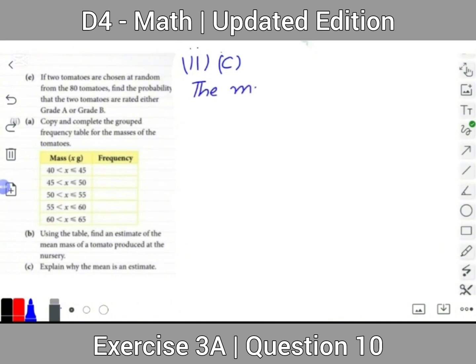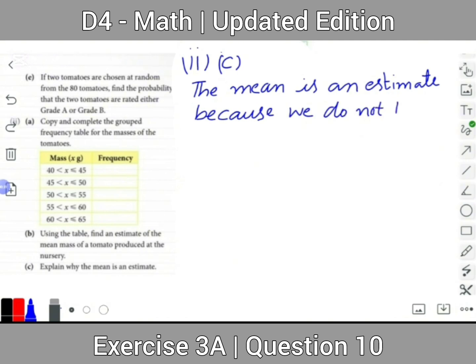Part 2c. Explain why the mean is an estimate. The mean is an estimate because we do not know the exact mass of each tomato.